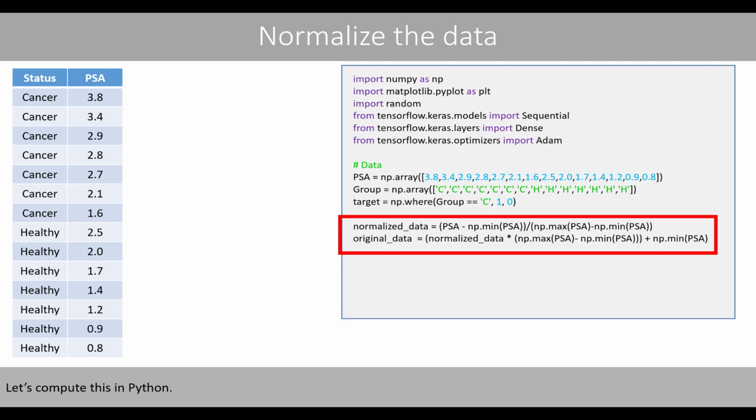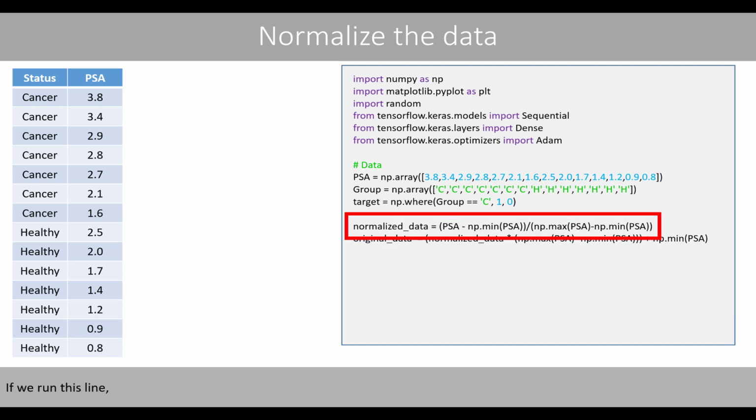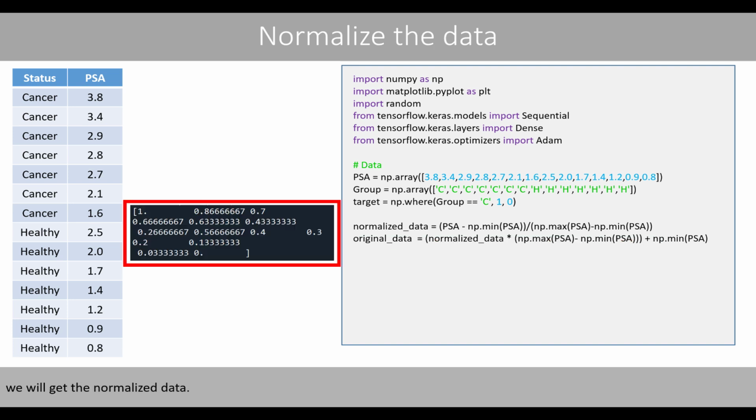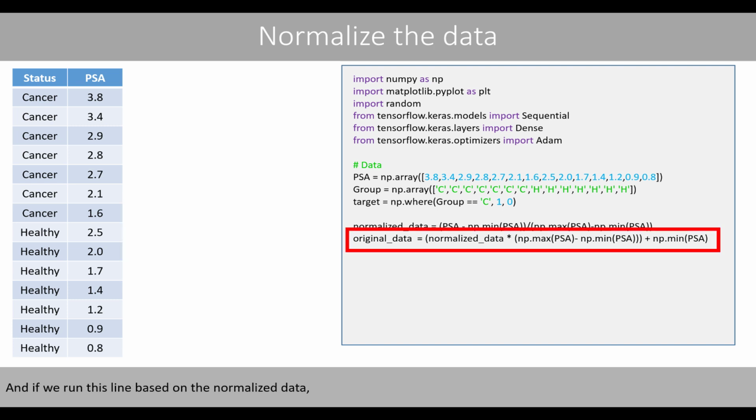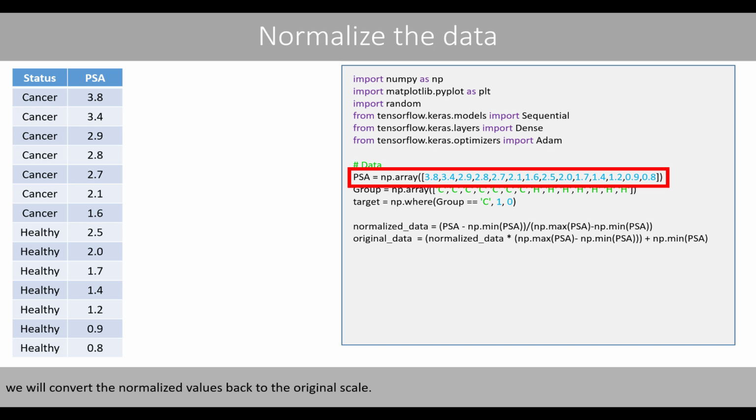Let's compute this in Python. If we run this line, we'll get the normalized data. And if we run this line based on the normalized data, we'll convert the normalized values back to the original scale.